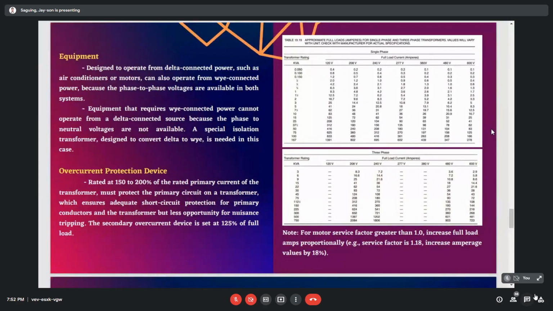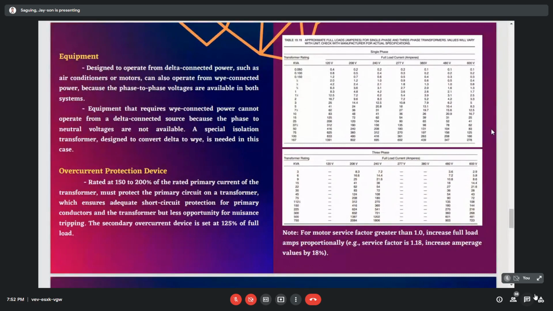For example, if your service factor is 1.18, increase your amperage values by 18%. The table values are standard, and the rating will depend on the actual flow of current passing through the transformer.